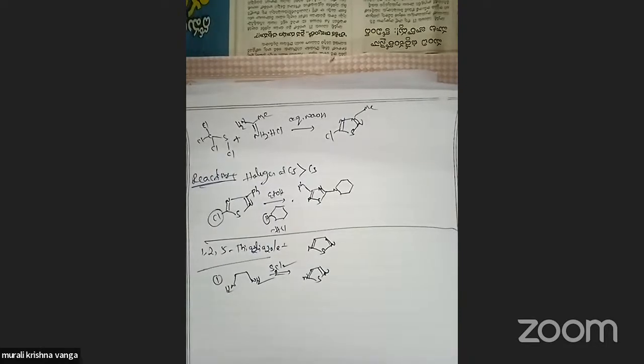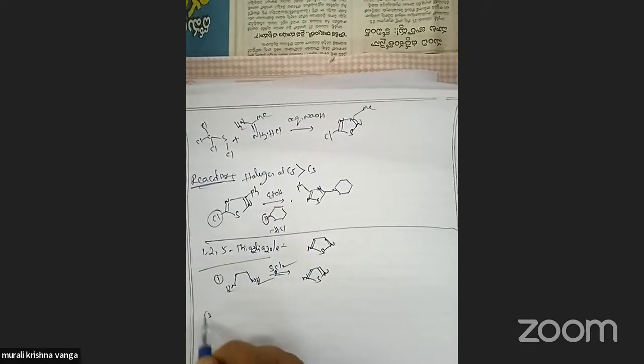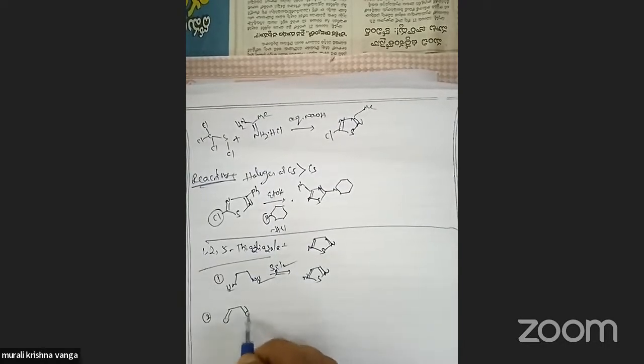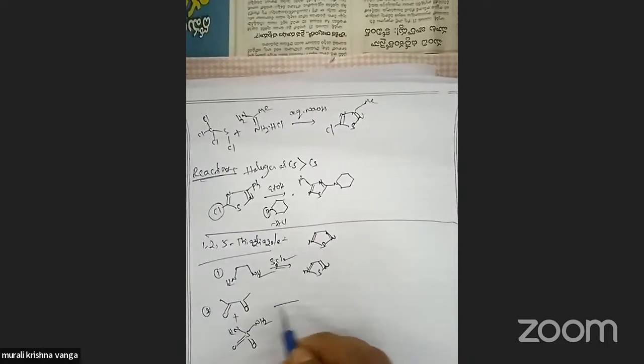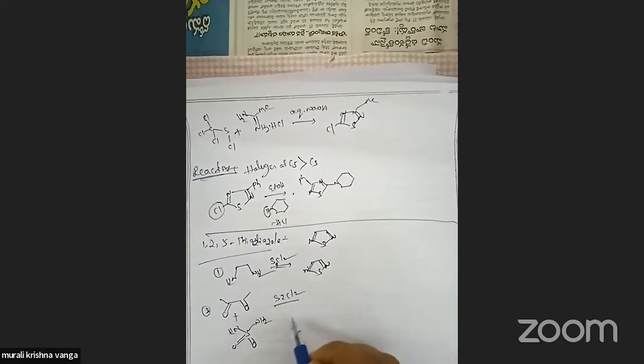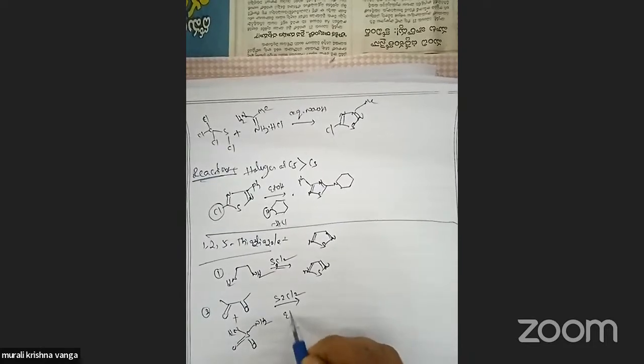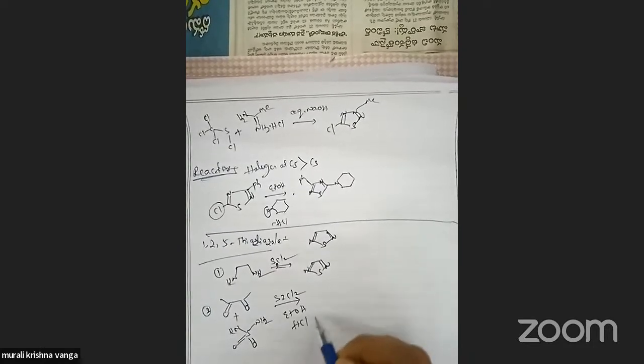Next, 1,2-diketones react with sulfamide in the presence of S2Cl2, with ethanol as the solvent and HCl as a reagent.